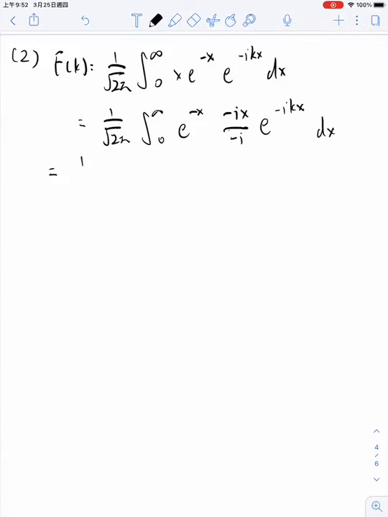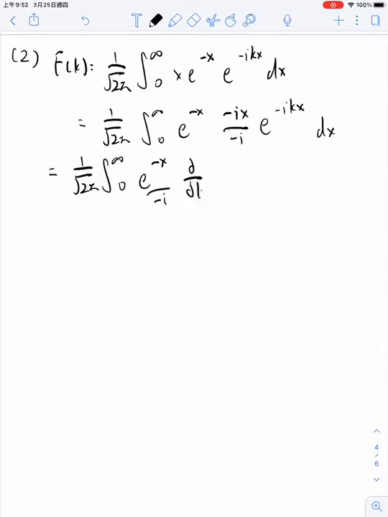And then we do a little trick inside the integral. We combine the negative ix with the e to the power of negative ikx here.